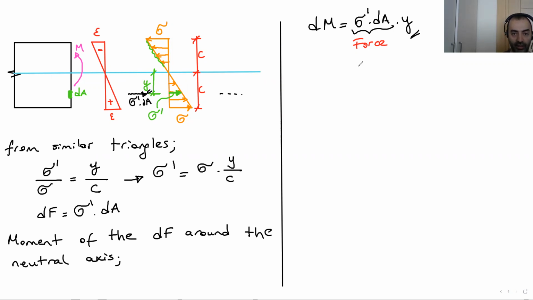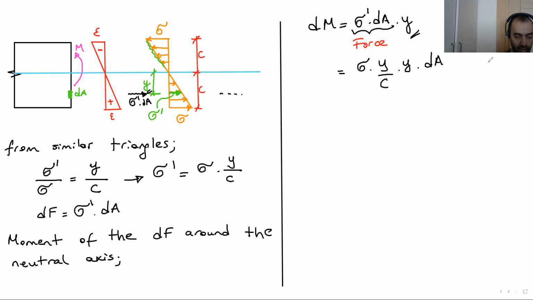Okay, this is y. Let's write here the sigma equation. Sigma prime. Oh, sorry. Sigma times y over c is the sigma prime, times y times dA.